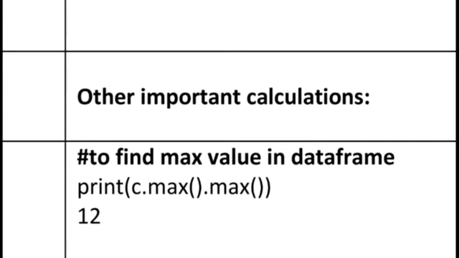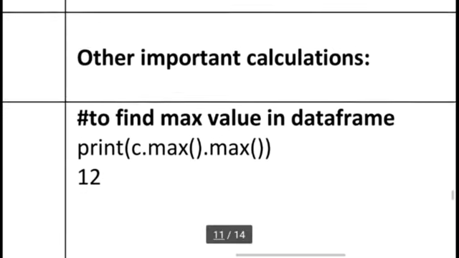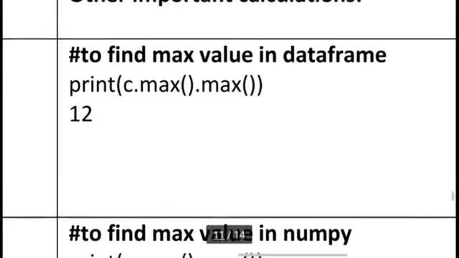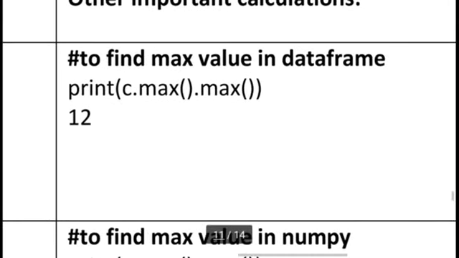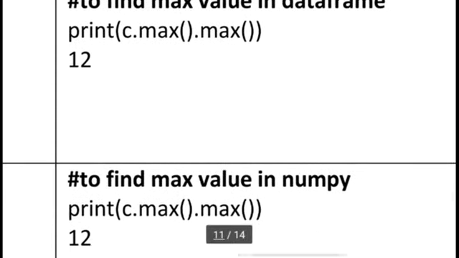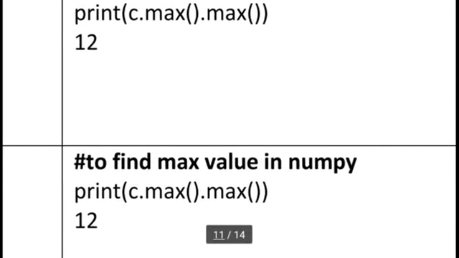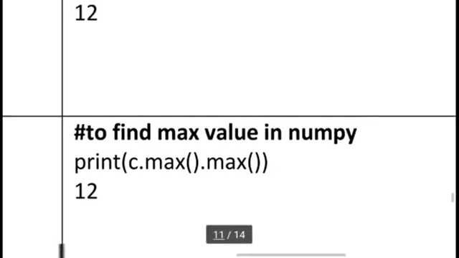So we always use max two times. This is for a data frame, but the same expression is used in a data frame or numpy to find a single maximum value in a 2D data set.